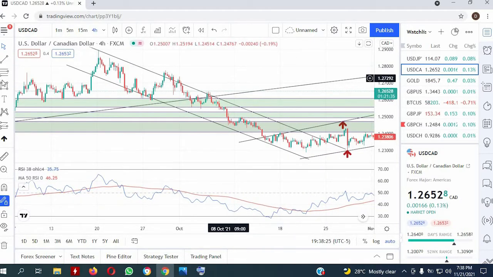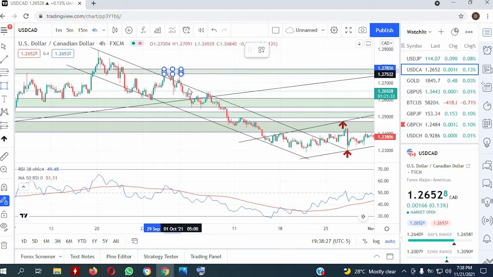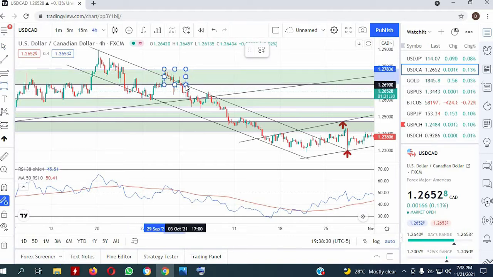Now this area right here is going to offer some resistance for the USD CAD.